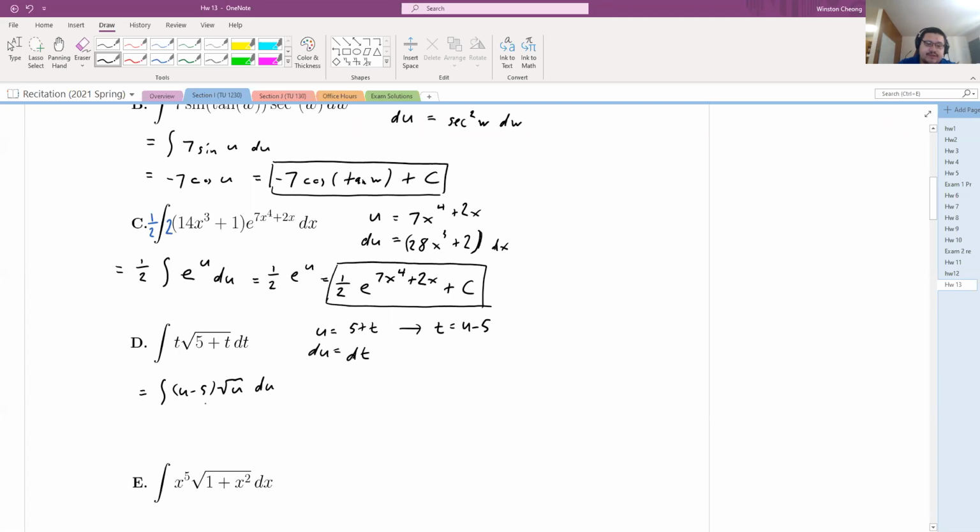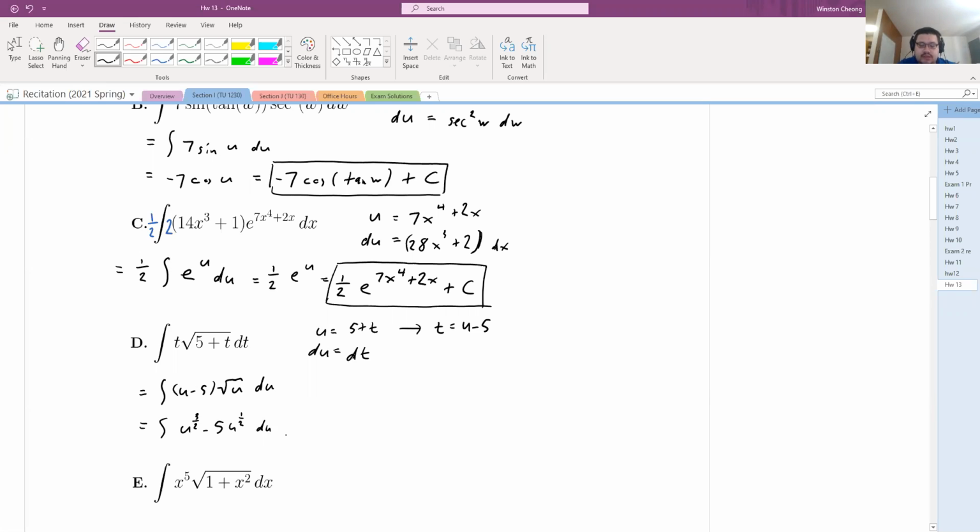And the reason that this is easier to work with is because we can now view this as a polynomial in terms of u. Okay, if we distribute things over, we'll see this is u to the 3/2 power minus 5u to the 1/2 power.